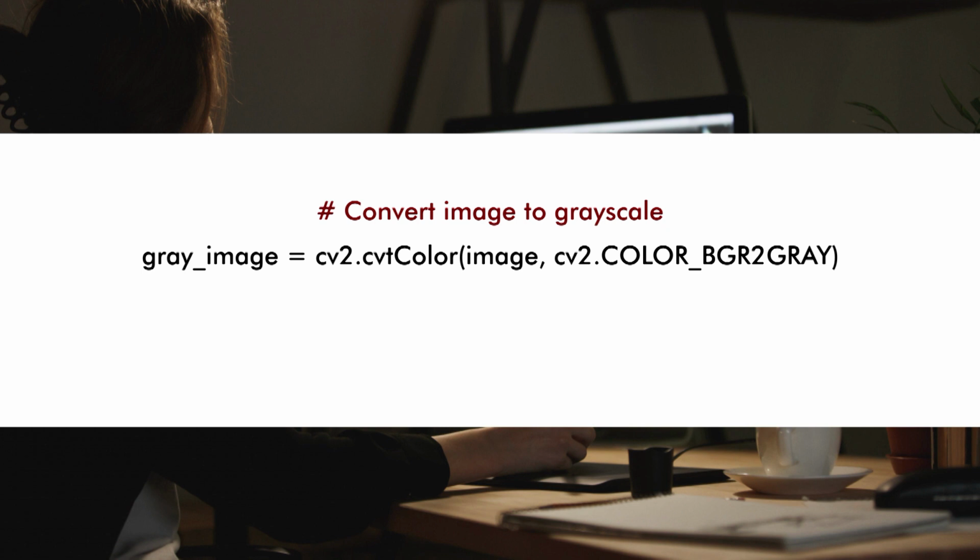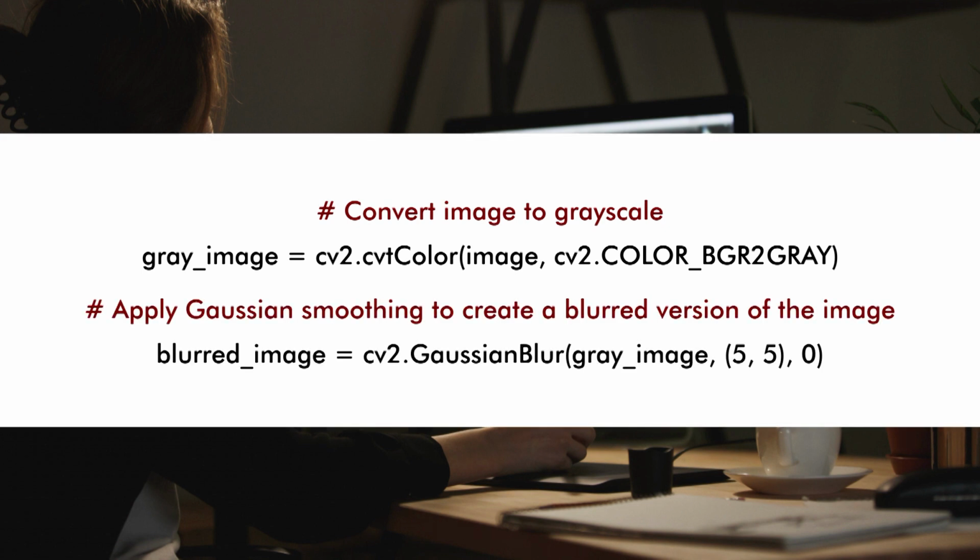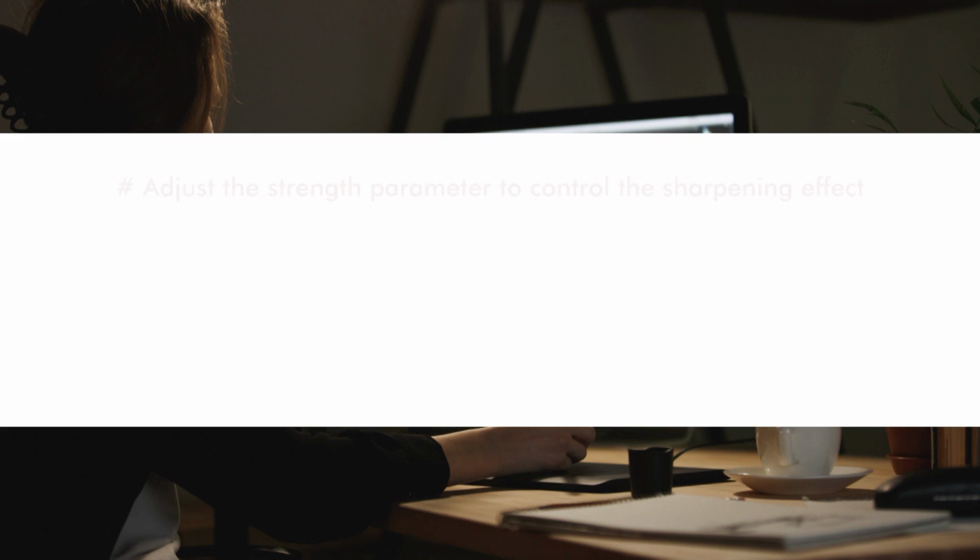This is a very useful function for conversion of any image. Here we are converting a BGR image to a grayscale image. After that we have to apply Gaussian smoothing to create a blurred version of that image. The blurred image is defined using the GaussianBlur function, which gives the grayscale image with the values.